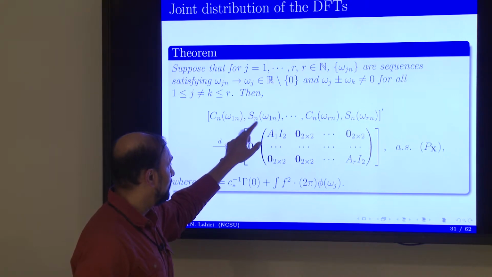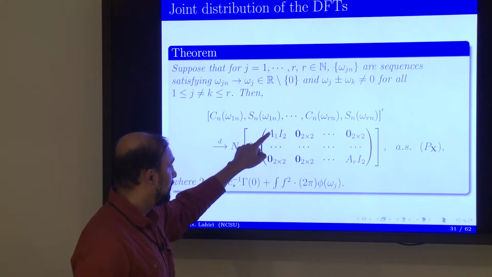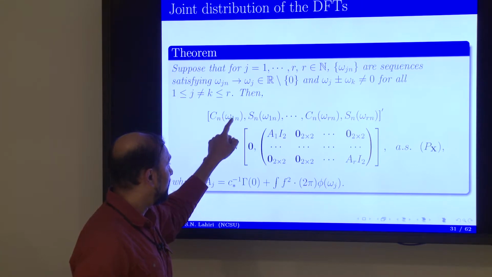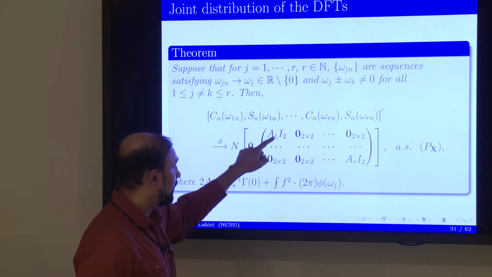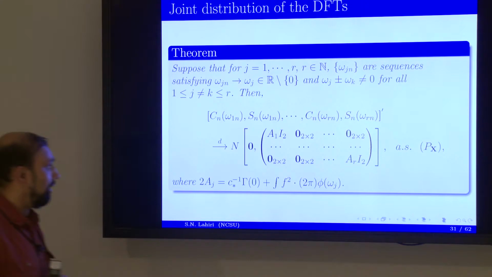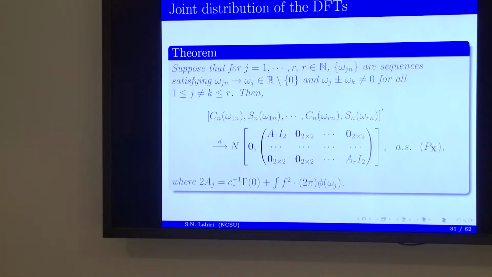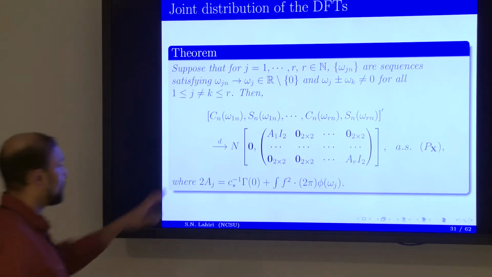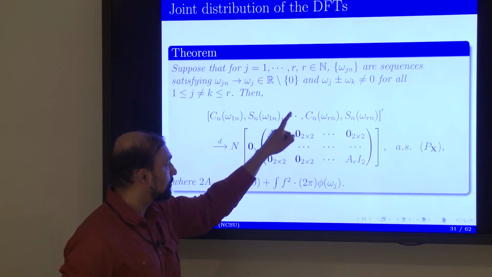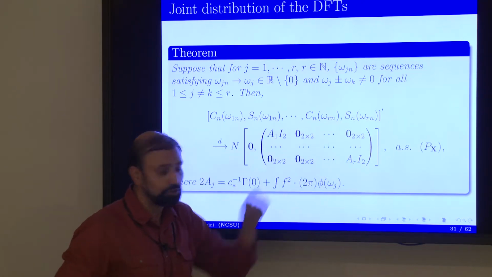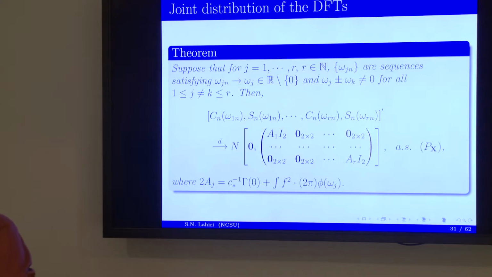So in that case, when you look at the limiting variance covariance matrix, for each of these frequency sequences, the pair Cn, Sn, they will have a distribution with the same variance. So A1 corresponds to omega 1, A2 will correspond to omega 2, and AR corresponding to the frequency omega Rn.